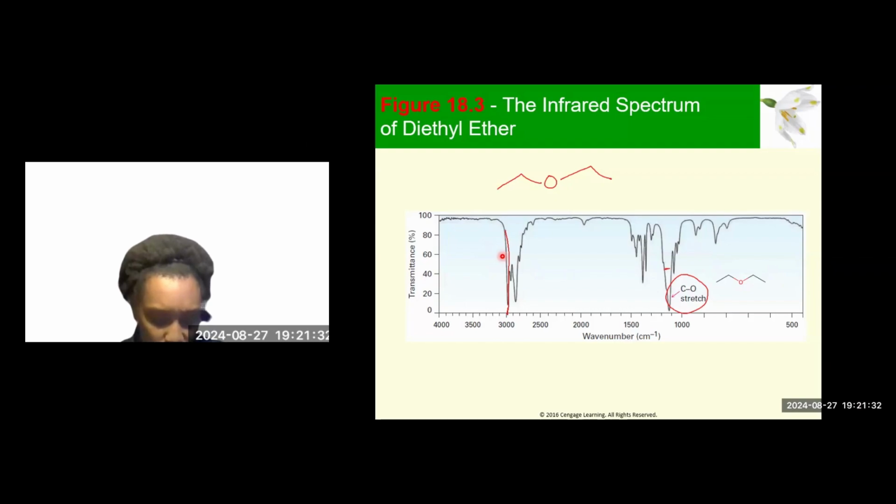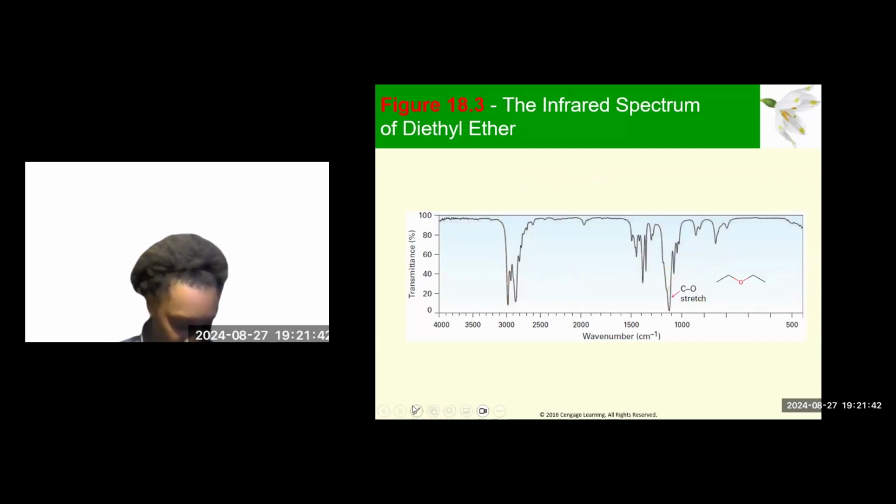And so this is the peak that you're going to be looking for. And I just realized the structure was actually drawn right there. But that's fine. We have it twice. All right. So again, you're going to see that in between 1,000 and 1,200, you're going to see those carbon-oxygen bonds. Diethyl ethers are pretty straightforward. You don't have a whole lot going on.